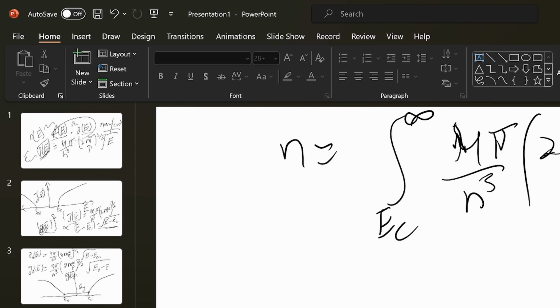Actually this is a really very complex equation to solve. So there are some assumptions, but currently we are not taking that.